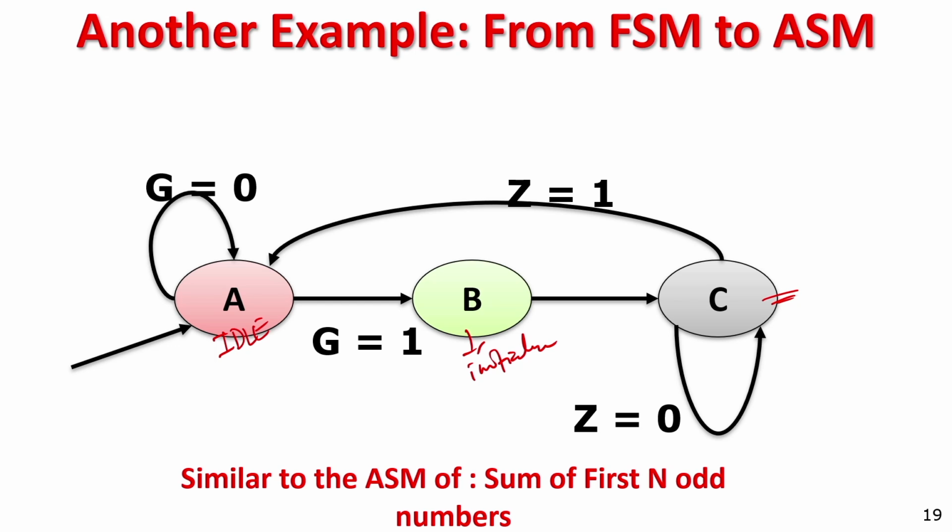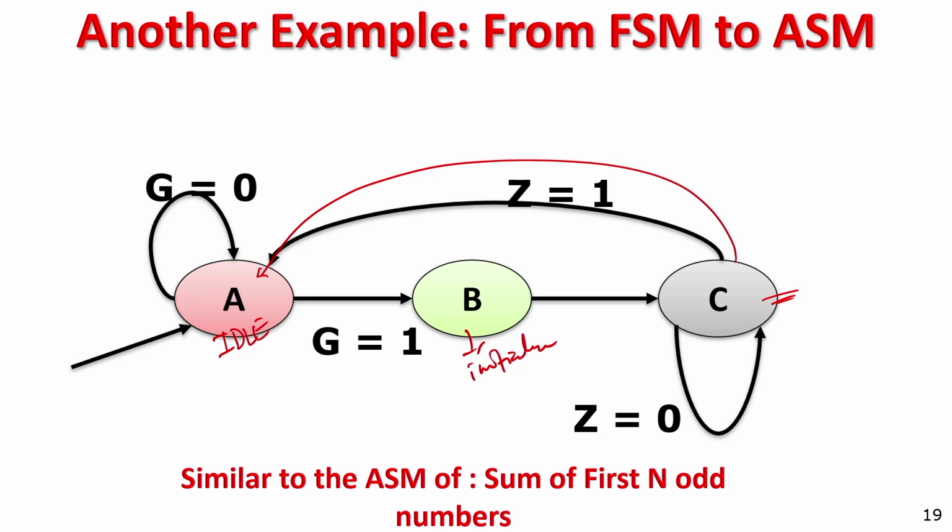And till how long will it do computations? For n numbers. Initially we will provide n, then we will decrement that counter, and once it reaches 0, it comes to the idle state and says done, once it has computed.